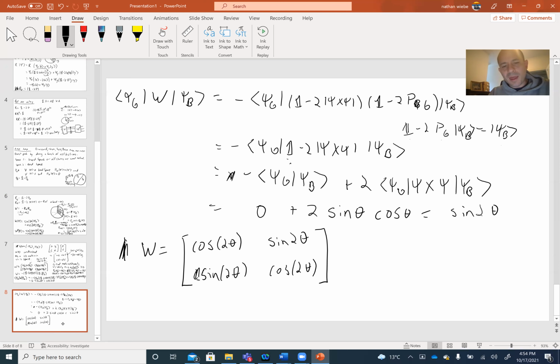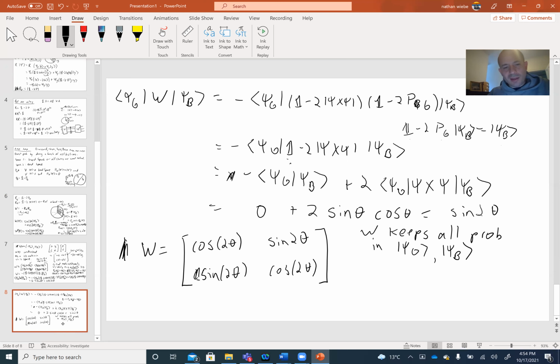Wonderful. And we see that this, unsurprisingly, is a beautiful unitary matrix. And further, because all the vectors over here have norm 1, W keeps all probability in the space psi g, psi b, and it never goes outside of it.